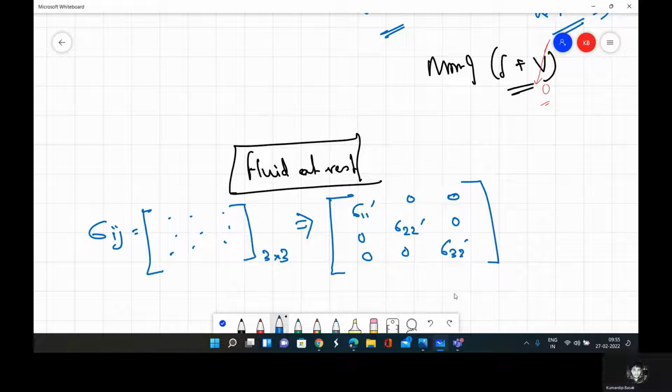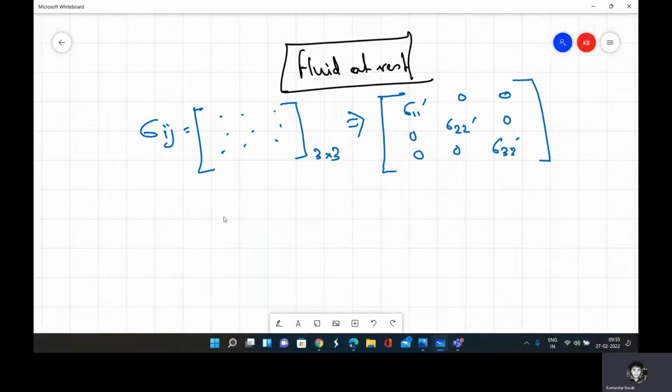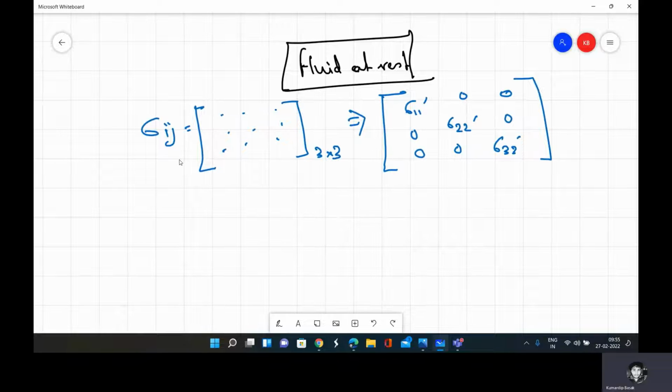Okay, so again what I am doing, this is now clear that sigma ij can be written as this diagonal matrix. Now again we are writing this diagonal matrix as a summation of 2 different matrices.